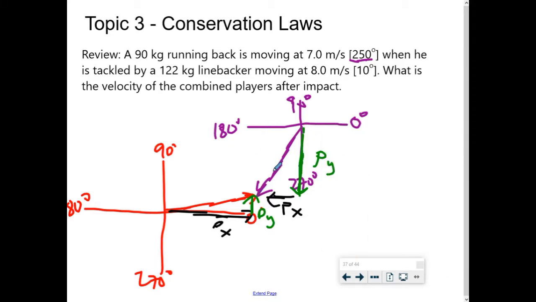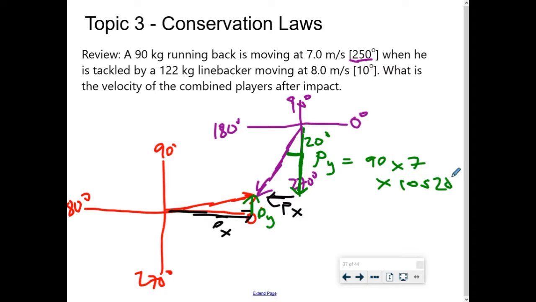The hypotenuse of this purple triangle right here was, I believe, the running back, who is 90 by 7. And this angle right in here is, I believe, 20 degrees. So PY is going to be 90 times 7 times the cosine of 20.